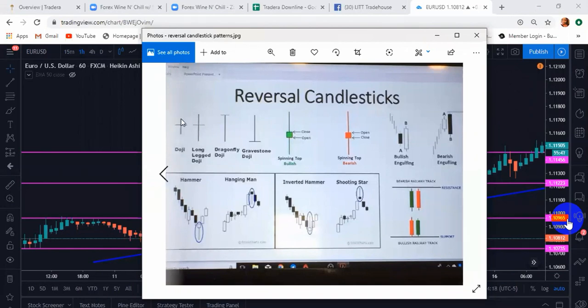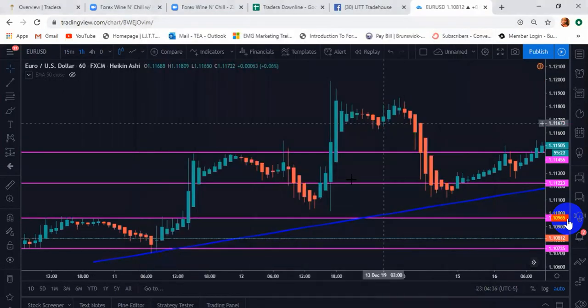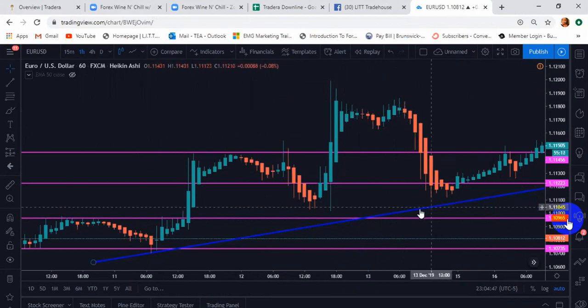I have just recently learned that with Heiken Ashi candles, Derek kind of explains it better than I do, that you really don't need any of this anymore unless you're using regular candlesticks. You just need to focus on the doji candles, because the Heiken Ashi candles give you a plus sign, they're smaller, they have wicks on the other end, and they typically show you that a reversal is about to take place in the market.